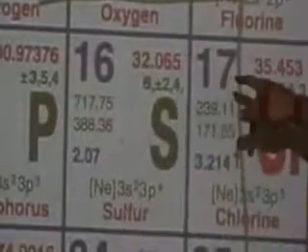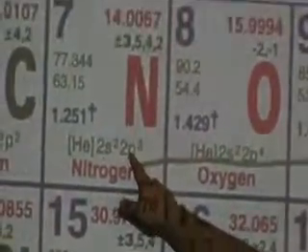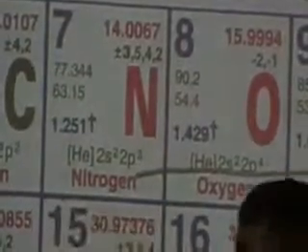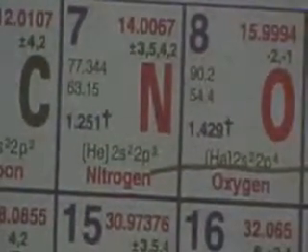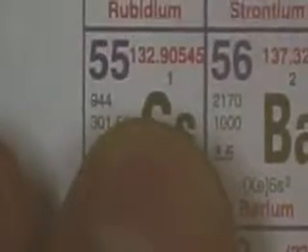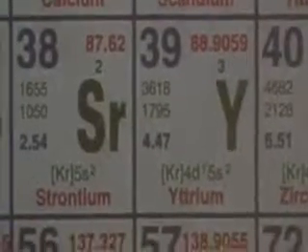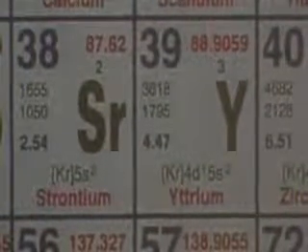Nitrogen, helium core, 2s2, 2p3. All right. Let's look at calcium. Argon 4s2, you see it? All right, let's look at that D block there. Scandium? Okay.